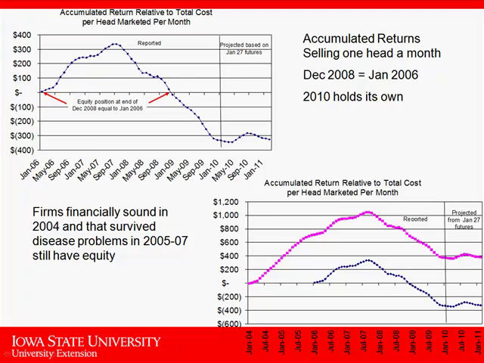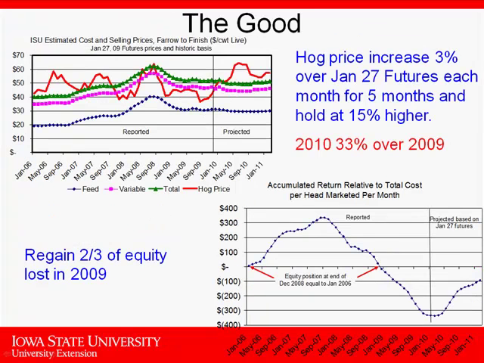So given that, I would call this the bad scenario. 19% higher prices, but we really don't fill that hole up very fast that we dug ourselves going forward. What does a good scenario look like? I just made this one up, but let me tell you what I did to make it up.